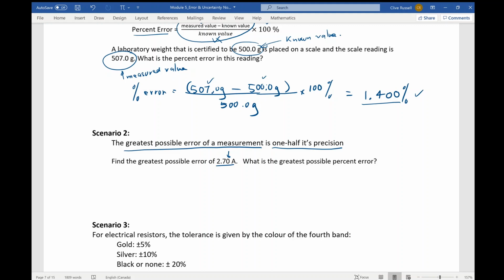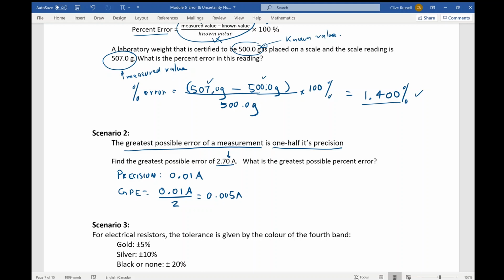So we know that the precision, and we did this at the very beginning of this class, is going to be 0.01 amp. So now the greatest possible error is going to be the 0.01 amp divided by 2, which is 0.005 amp.